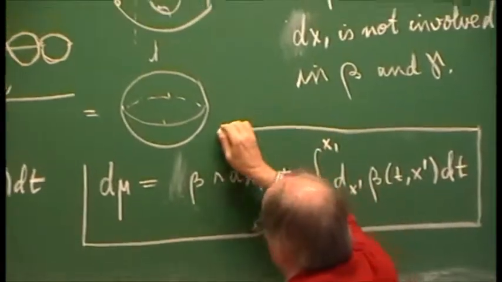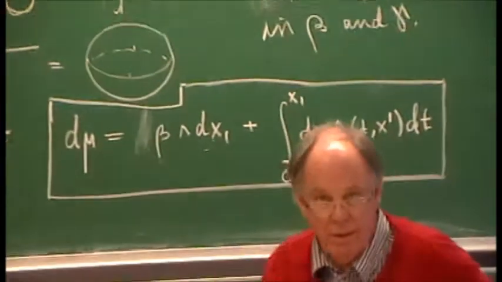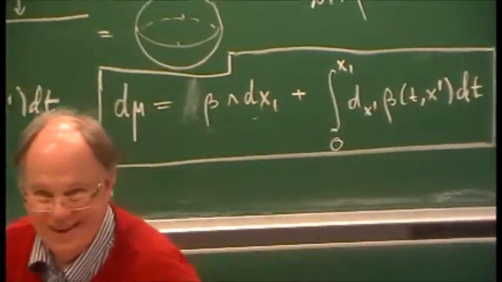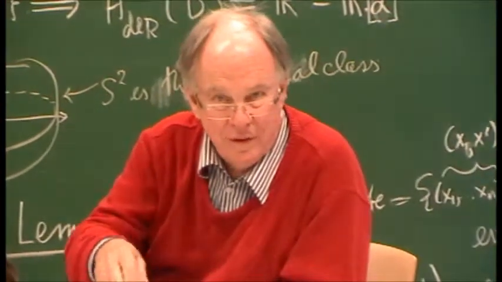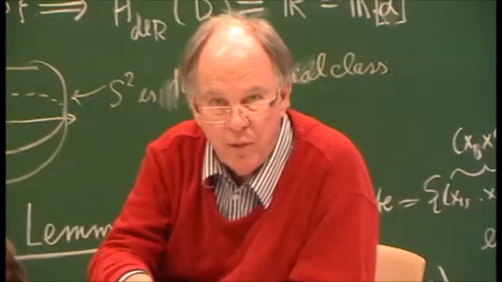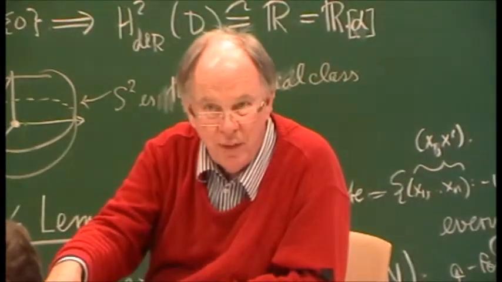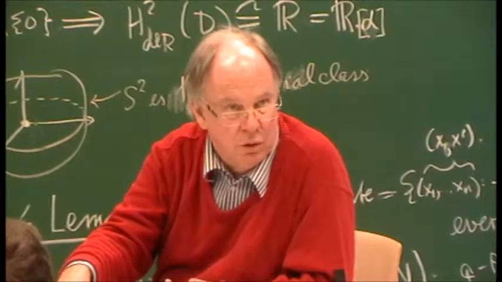Before we go any further, let's make sure we're all on the same track here. Okay? The d operator splits, because we have coordinates, into the d operator in the first variable plus the d operator in the remaining variables. Right? This is completely clear.